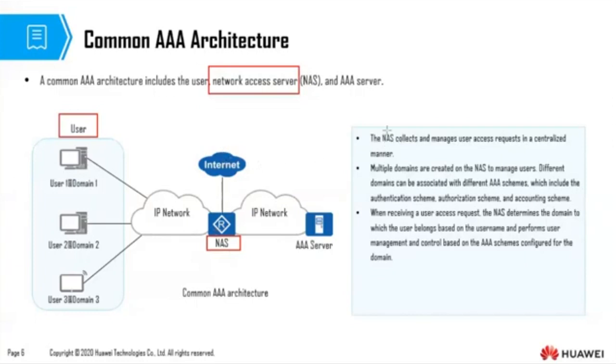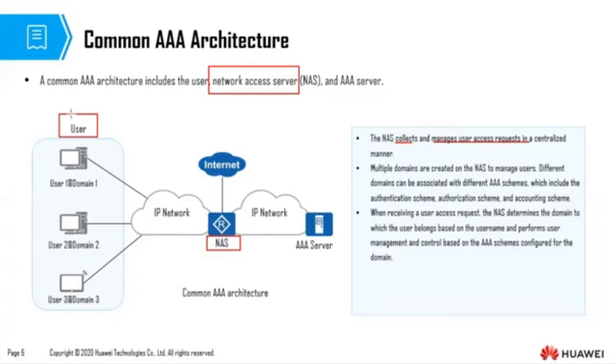Normally, the network access server is used to collect and manage user access requests in a centralized manner. And most of the time, the network access server is network equipment, like a router that is used to connect you to the internet or to other parts of the network. Is that clear? So the NAS normally is going to be a router.